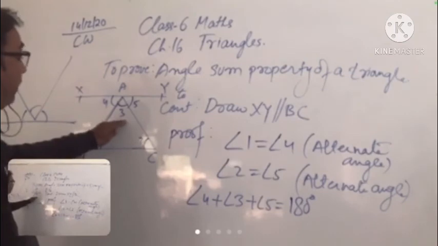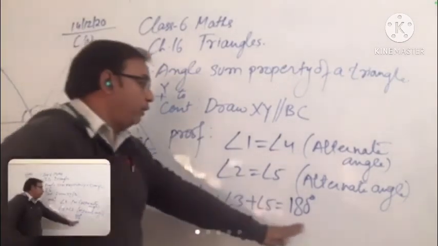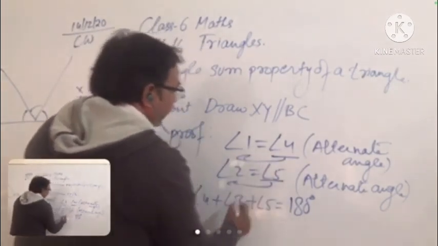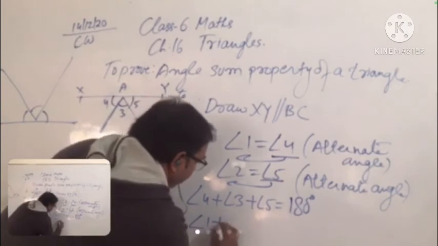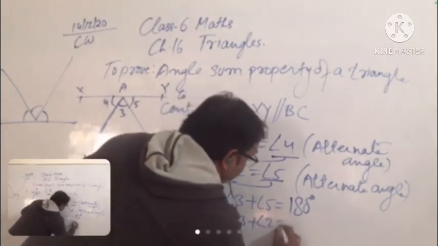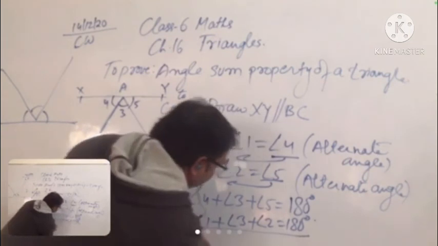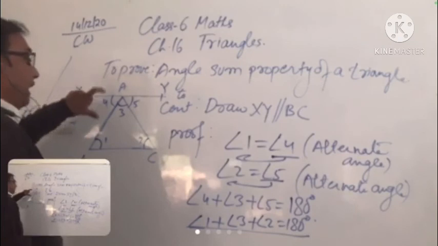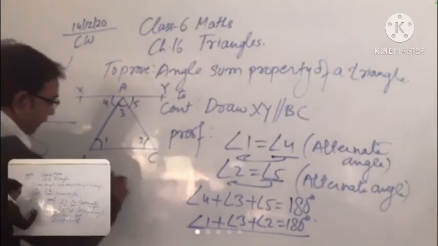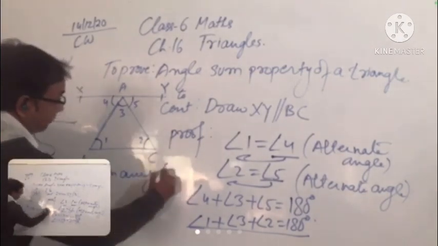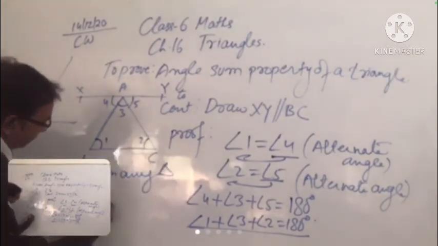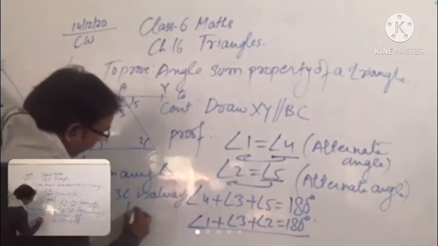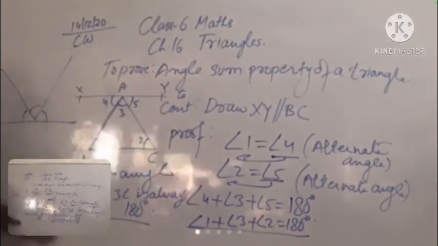Now we know that angle 1 is equal to angle 4, and angle 2 is equal to angle 5. So we can substitute these angles into the previous equation. Now angle 1 plus angle 3 plus angle 2 is equal to 180 degrees. It means the angle sum property of a triangle is 180 degrees. There are 3 angles in a triangle, and if we add them, we get 180 degrees.